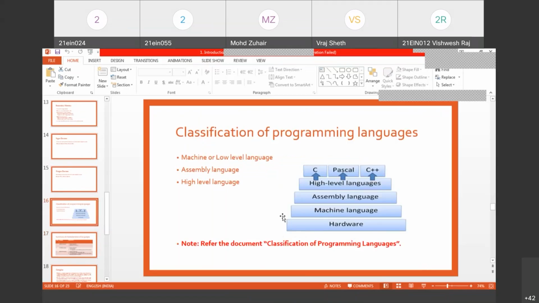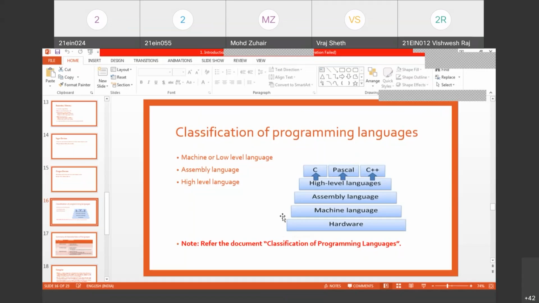Once this is clear, we will come to the classification of programming languages. Classification can be high level language, assembly level language, and machine or low level language. On the bottom, we have hardware, like hard disk, RAM, ROM, CPU, and other components.